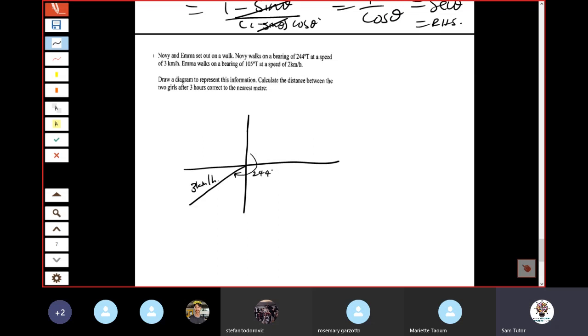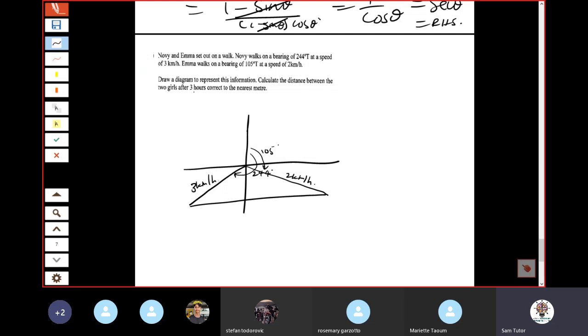Emma walks on a bearing of 105 at a speed of 2 kilometers per hour. Draw a diagram to represent this and calculate the distance between the two girls after 3 hours.